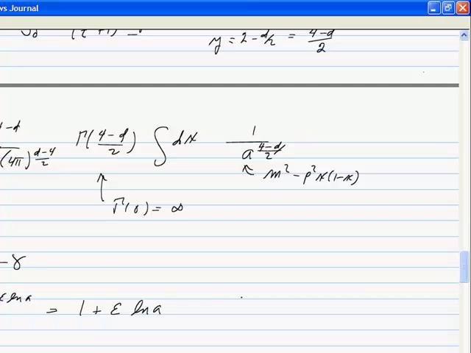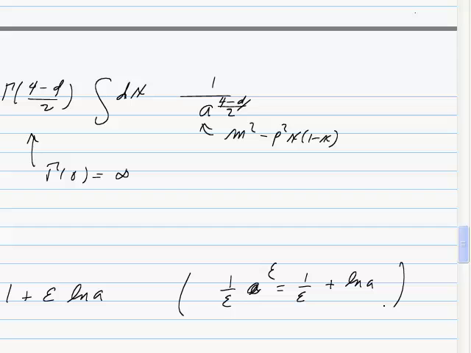And then when you have 1 over epsilon times a to the epsilon, that's 1 over epsilon plus log a. If anywhere you see 1 over epsilon times some number to the epsilon, you pick up a finite factor of log a. Okay?